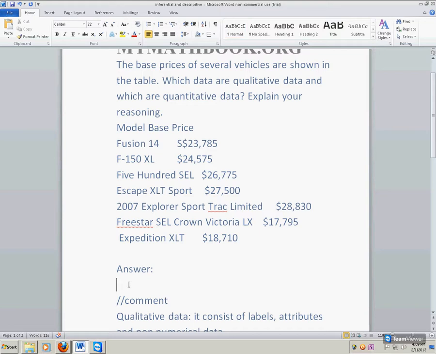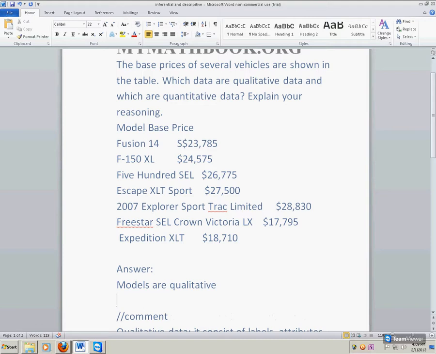To answer the question here, we're going to start by saying that all of the models are qualitative. These prices are quantitative. So that answers the question on which one is quantitative and which one is qualitative.